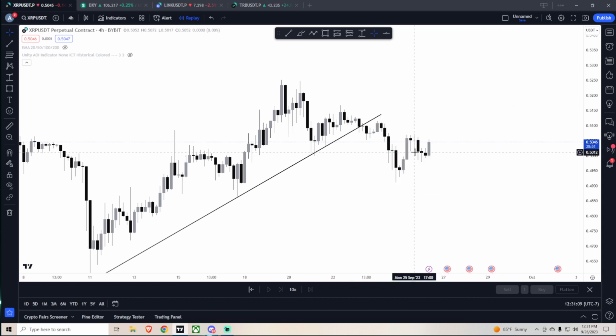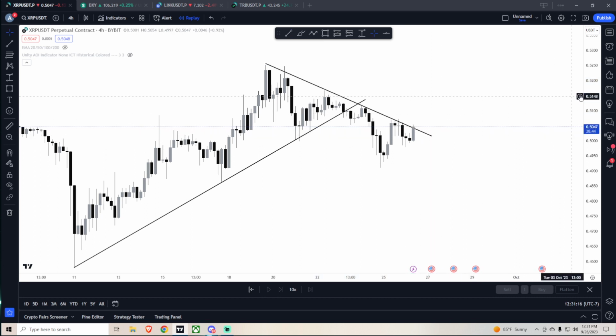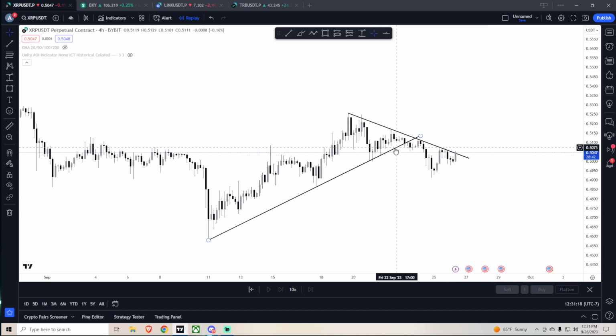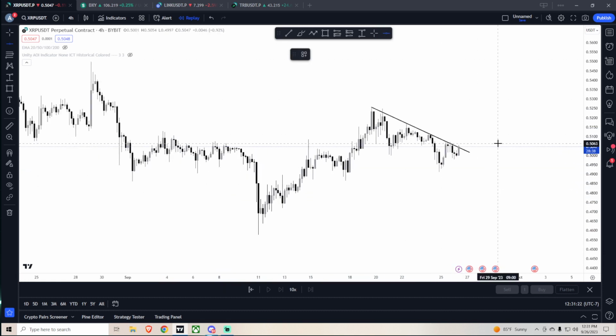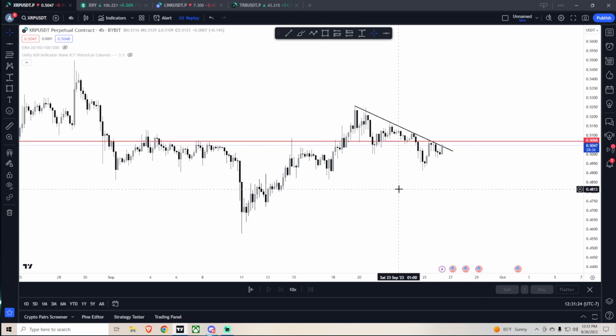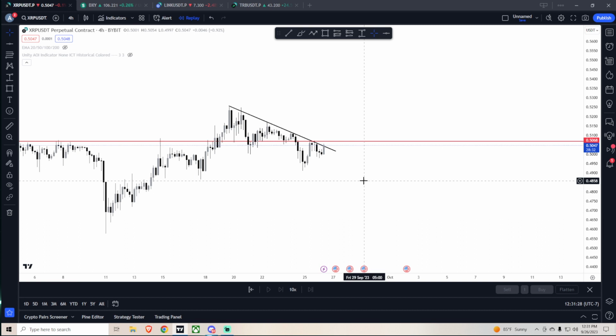Okay, but now possible breakout happen. Okay, so we have resistance here. So now I'm going to wait until breakout, flip this into support, but we also have to watch out for this resistance here.